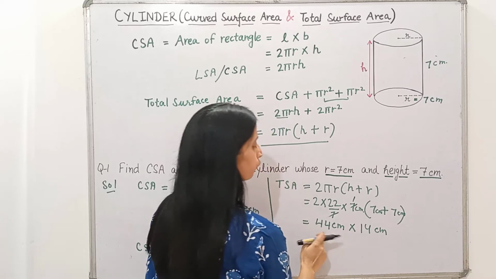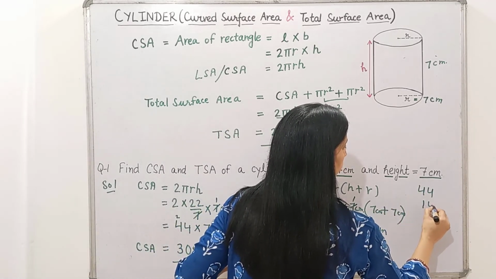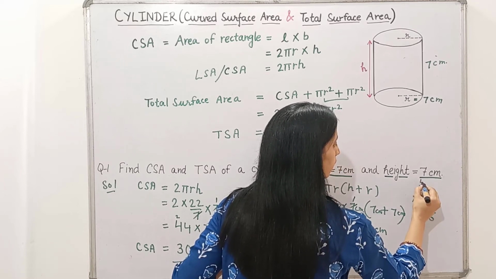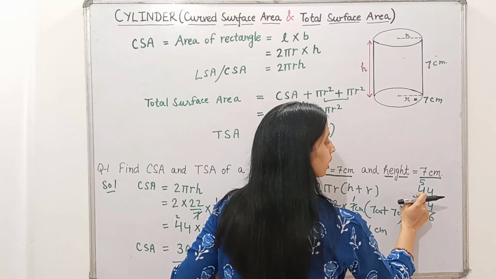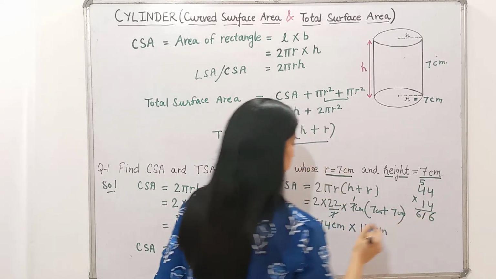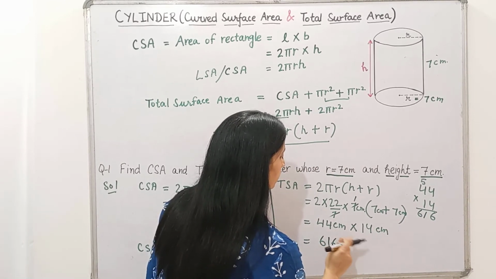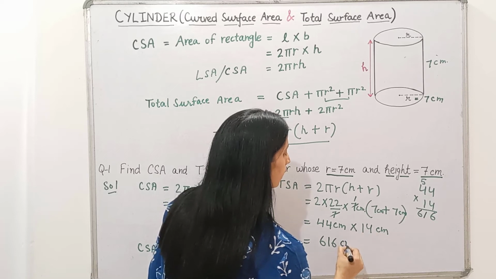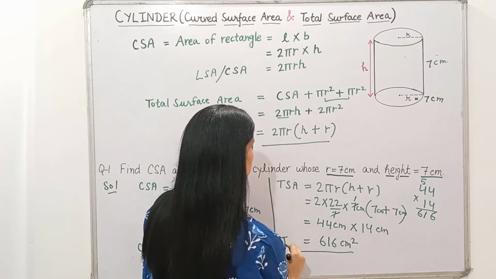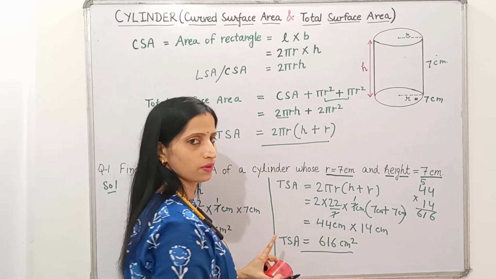Now we will multiply 44 and 14. 14 4s are 56. 6 we will write, 5 we will carry. 14 4s are 56, 56 plus 5 is 61. So the answer will be 616, and centimeter will also get multiplied, and we will get centimeter square. So the total surface area of this cylinder will be equal to 616 centimeter square.